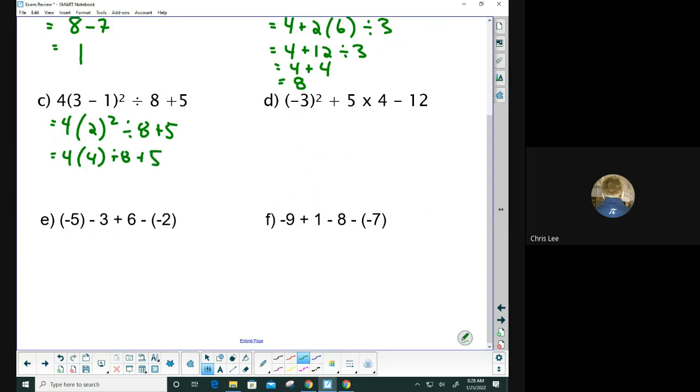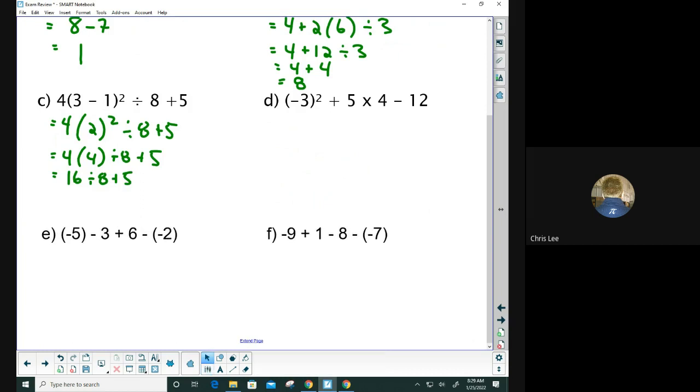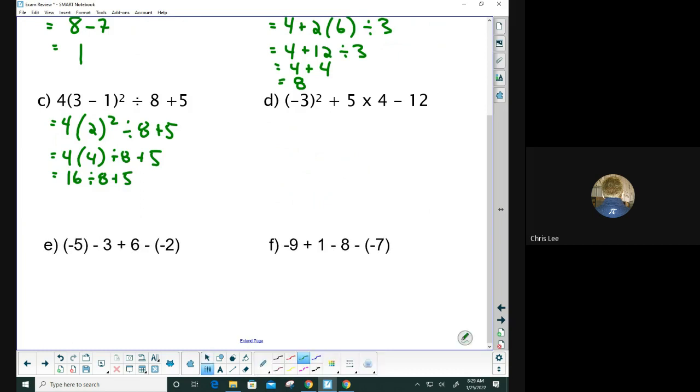Just like in the other question, I've got a multiplying and a dividing. So as long as I do them in the order that I see them, then it's fine. Help me out here. 4 times 4. 16. 16 divided by 8. Then finally, I get to add that 5.